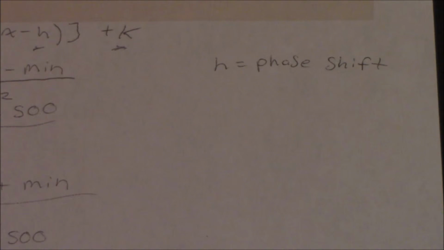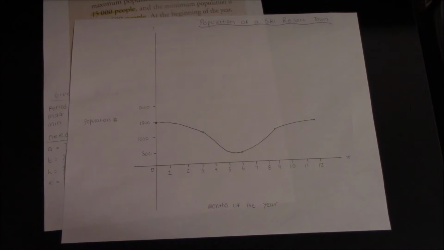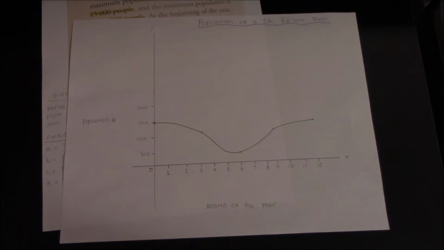Now, in order to solve for h, our phase shift, we're going to have to see if there are any transformations made to the function. We're going to have to look at what the original cos graph looks like. And that looks like that. I have drawn out the graph of one cycle of the population of the ski resort town for 1 year.